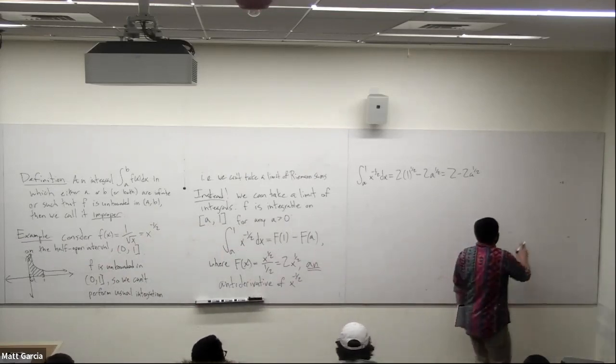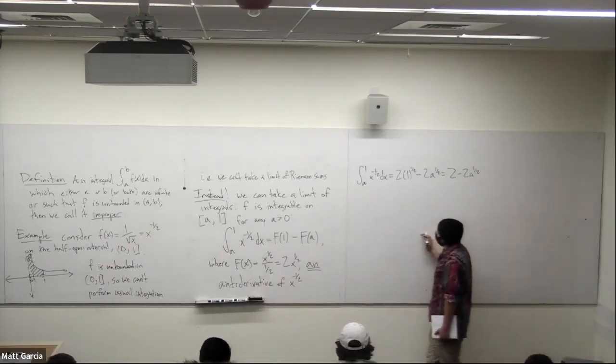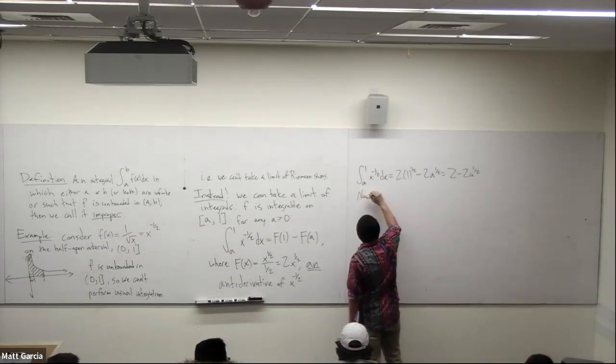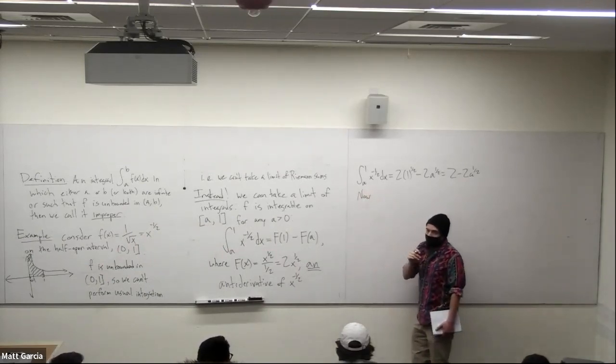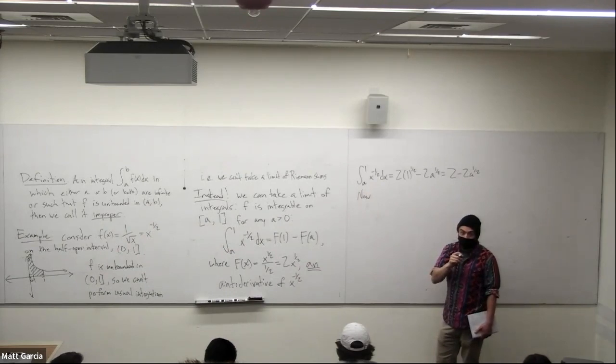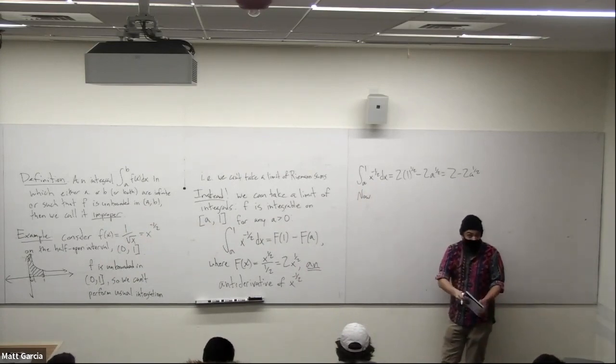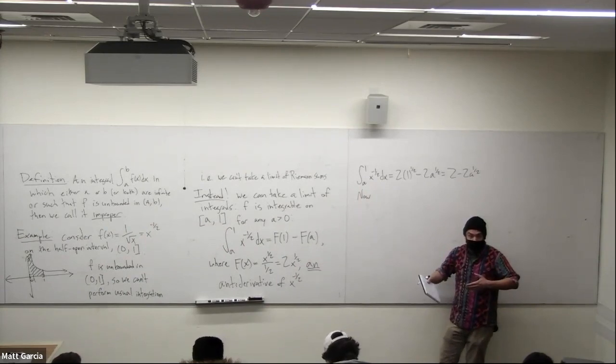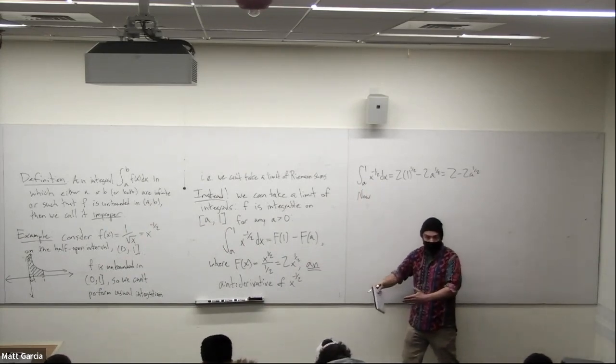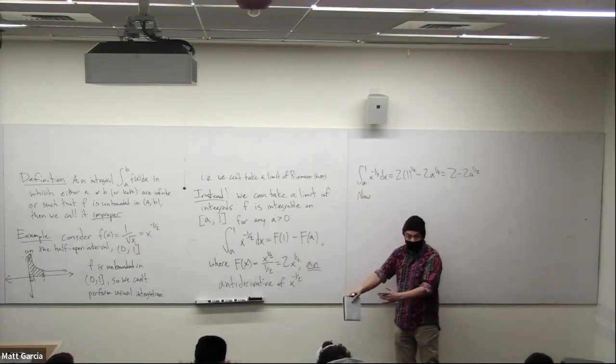What's our next step? How do we try to make sense of this? Yeah. Solve for a that approaches the limit. Yeah. So we want to see what happens as the value of a gets closer and closer and closer to 0, right?